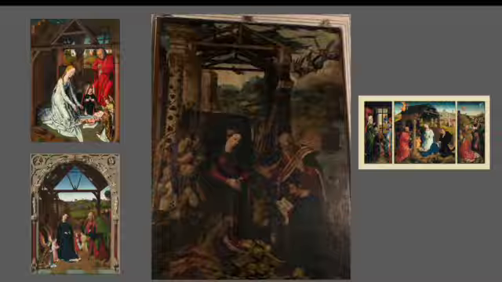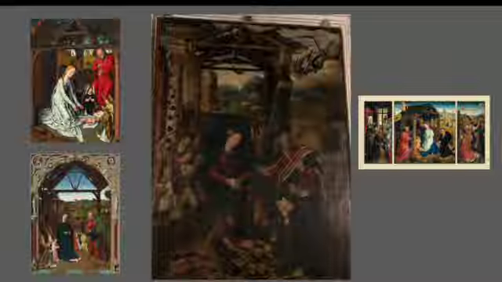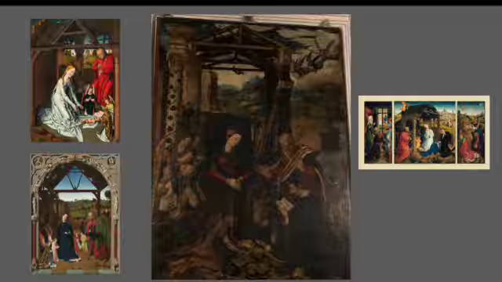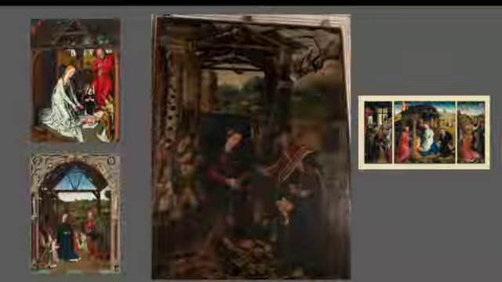But it is really interesting that in the south of Italy, you would see a Northern Renaissance type of art. It's not something that we would necessarily think would be possible.